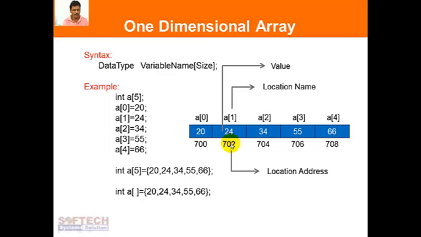If we want to find the last location, the total size is 5, so that is the fourth location. If you know the first address 700, we simply add 4 locations, and each location has 2 bytes. So 4 into 2, 8 bytes. We simply add 700 plus 8, 708.